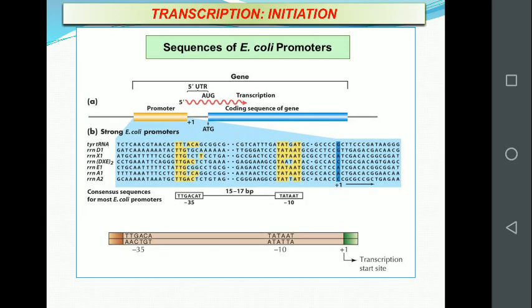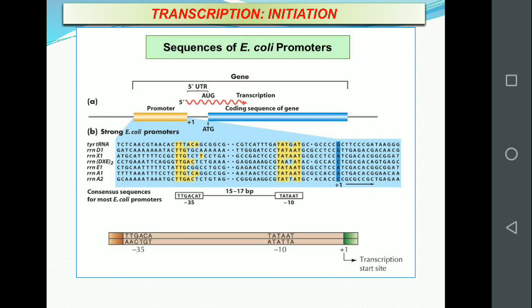When we look at the promoter sites of different genes, we can easily find that the -10 and -35 regions have their corresponding conserved or consensus sequences. The +1 nucleotide is also shown here.